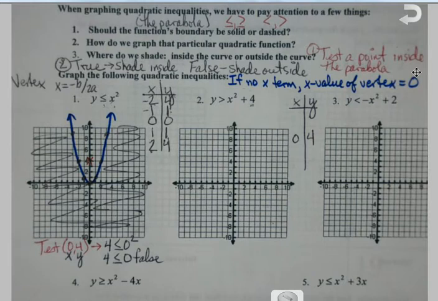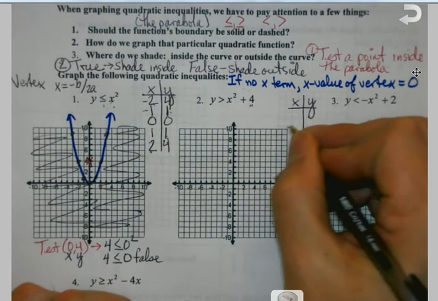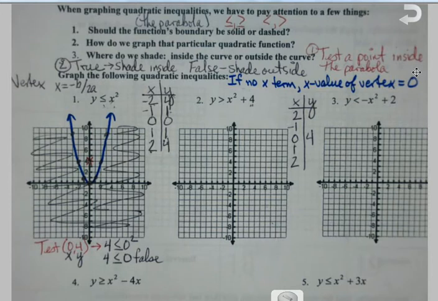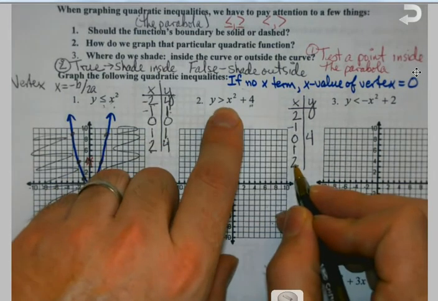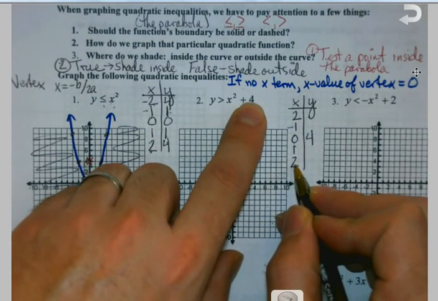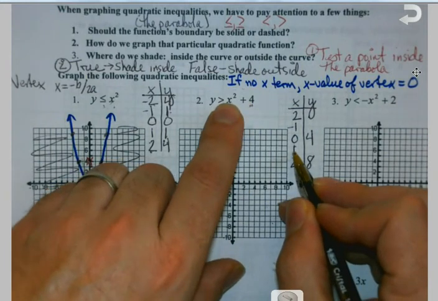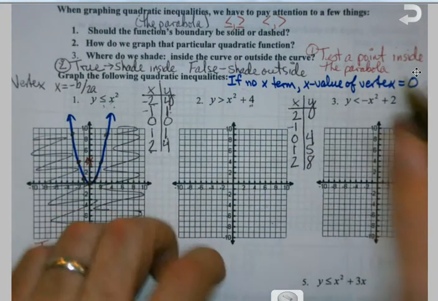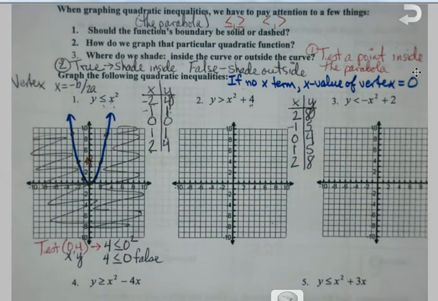Now again, this is just me: 2 values above, 2 values under. For me personally, I think this is easy enough. I don't really want to bother putting it in the calculator because I can do this in my head faster. 2 squared is 4, plus 4 is 8. Okay. 1 squared is 1, plus 4 is 5. And I know this is going to be symmetrical, so I'm going to go ahead and stick those same values above.